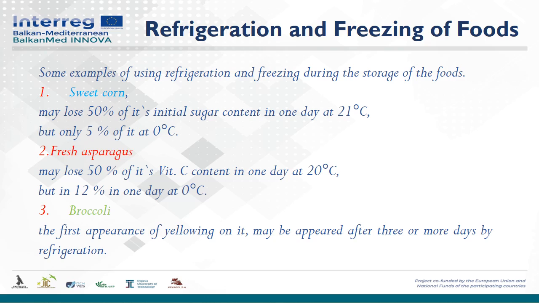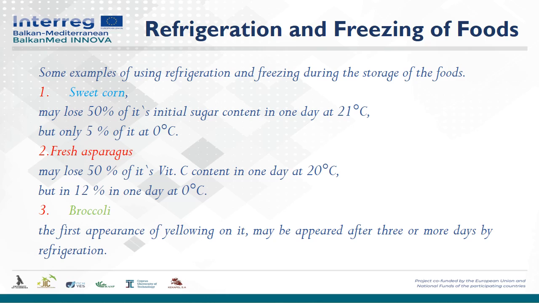For example, sweet corn. If we store this food product at room temperature, 21 degrees, we will lose 50% of its initial sugar content in one day. But if we store this food product at 0 degrees, we will lose just 5%. So, we can see there is a difference of about 45%.